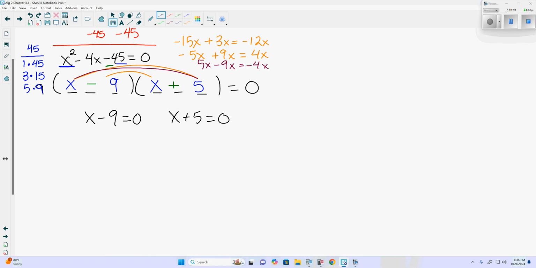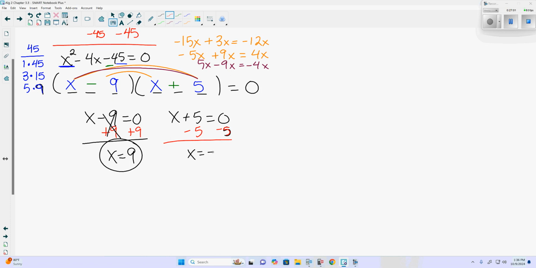To solve our x minus 9, we would need to add 9 to both sides because our negative 9 plus 9 is 0. Telling us x is equal to 9. X plus 5, we would do what? Subtract 5 from both sides.